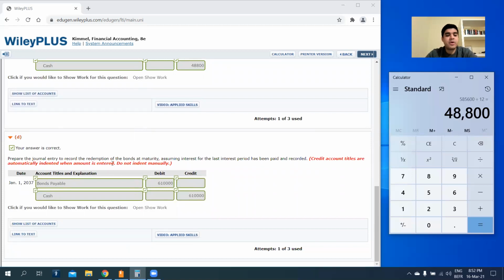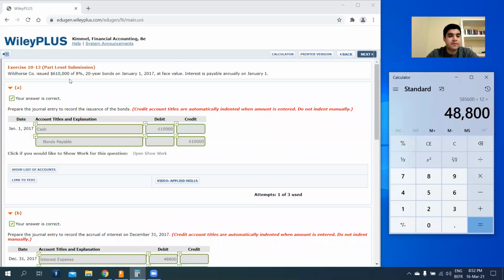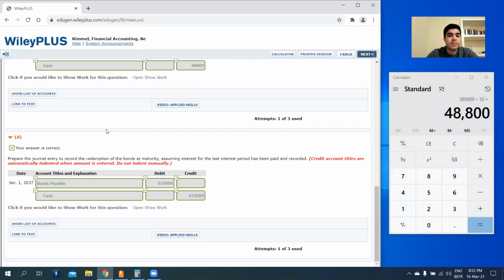Regardless of the issue price of the bonds, the book value of the bonds at maturity will equal their face value. What this means is that their face value, the first value that we got for this bond, will match the maturity value or the book value.